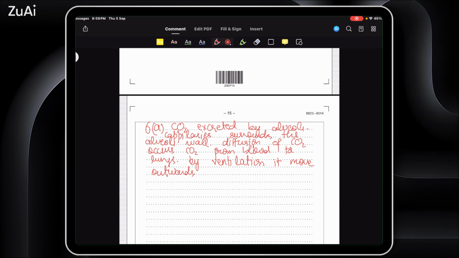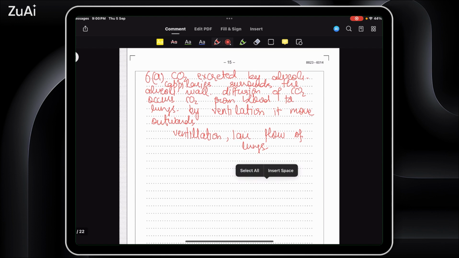You have to use the words in marking for this question: ventilation and airflow of lungs. This is very important. Then you will get the marks. Also you have to use the words contraction of muscles, muscles of abdomen.